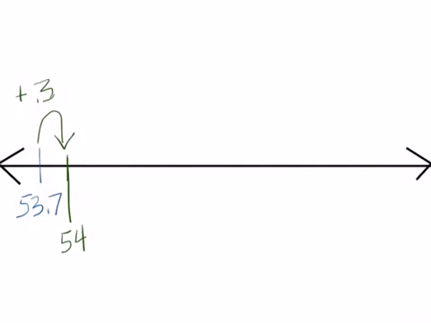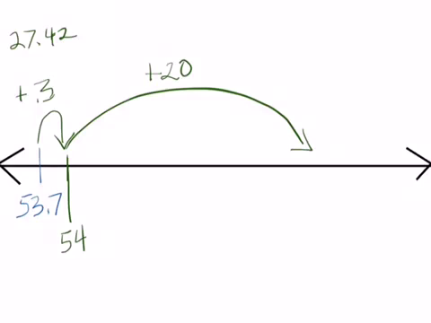So now I've added 3/10, and I think I'm going to put 27.42 up here so that I can remember what it is that I need to add on. So all my hops need to equal 27 and 42/100. All right, so now I'm thinking do a jump of 20, because out of 27, that's doable. That's going to be a huge jump. So 54 plus 20 makes 74. I can do that in my head.